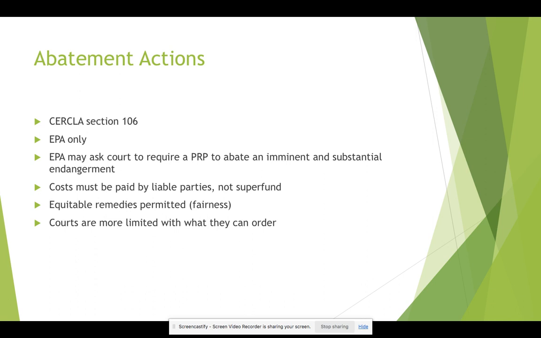And this isn't a Superfund action. The EPA goes into court saying, this is going to happen. This is scary. We've got to get these people to clean it up before people get hurt. So they can go into court under CERCLA Section 106.